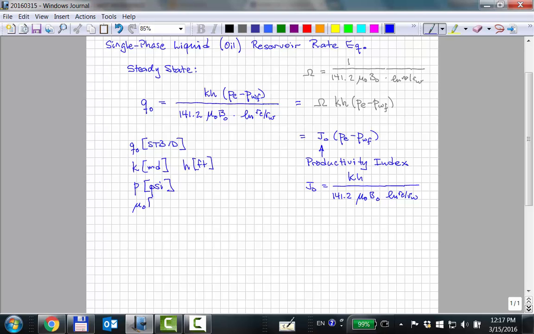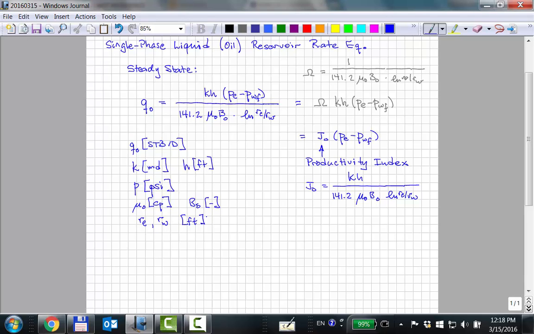Viscosity was in centipoise, which is fairly standard. Formation volume factor doesn't normally have a unit. It could, but it doesn't usually. It's volume per volume. And the radii, both re and rw, should be the same unit, be it feet or inches. Probably it'd be feet because you don't measure the external boundary distance in inches. So these need to be consistent.